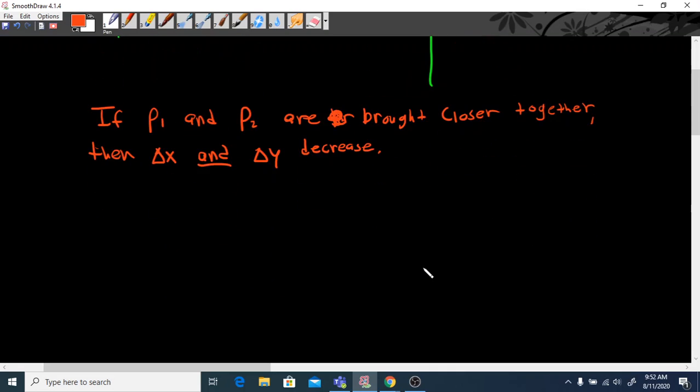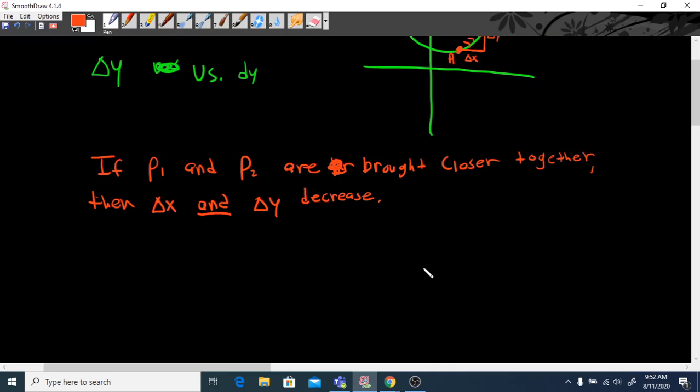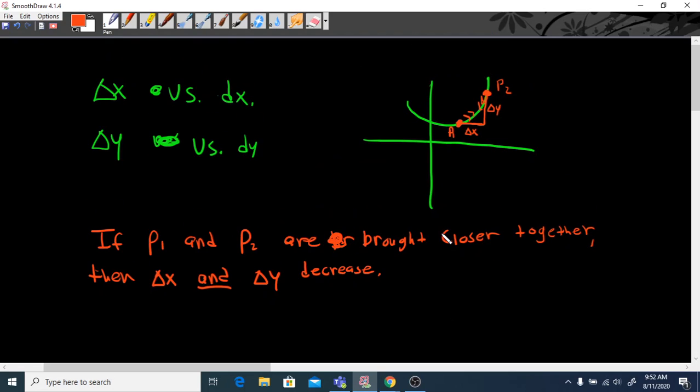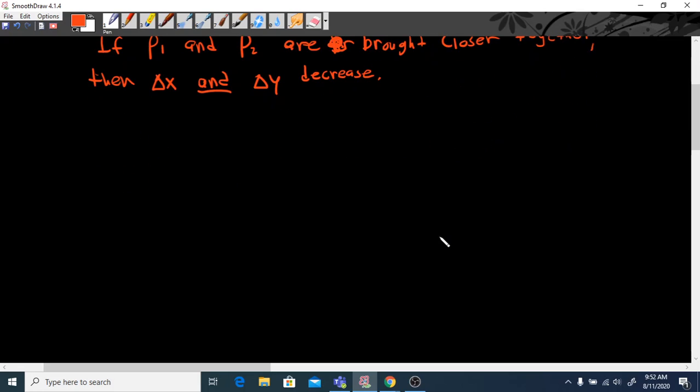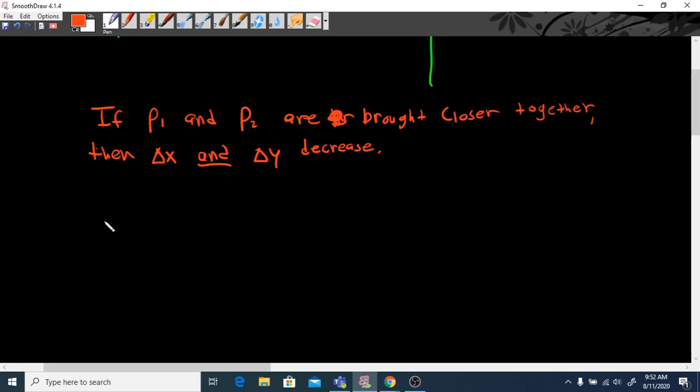And now, just like we did in a previous video, we can do this forever and ever. We can bring point 1 and point 2 closer and closer and closer together. We could do that for the rest of our lives without actually having point 1 and point 2 touch. Okay? And so the thing that I'm trying to get across is this, is that, again, if we do this forever, then dx we can think of as this.